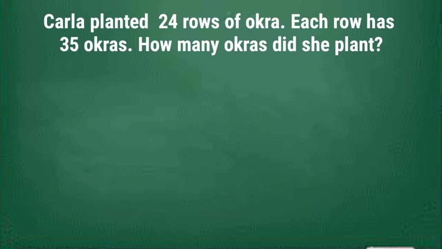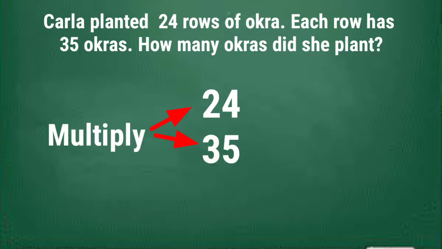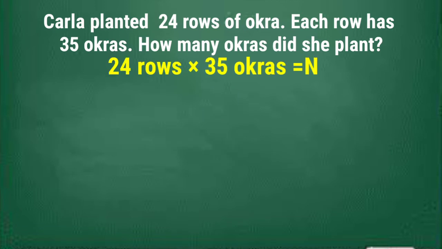Let's have the problem. Carla planted 24 rows of okra. Each row has 35 okras. How many okras did she plant? In order to know the number of okras she planted, we have to multiply 24 and 35. So 24 rows times 35 okras.